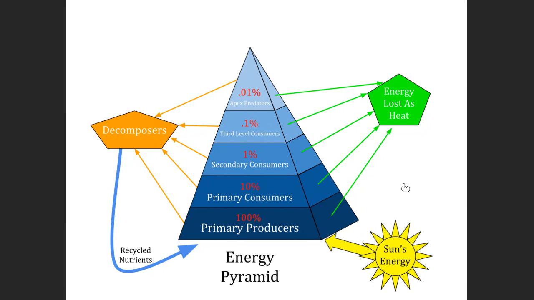So what's more efficient in terms of energy use? Raising or growing the fruits and vegetables, or raising the animals for food? Fruits and vegetables. Right, the vegetables, right? Because they just get their energy from the sun. You just have to put them in the ground, water them, maybe fertilize them. It depends on where you are, and that's it.